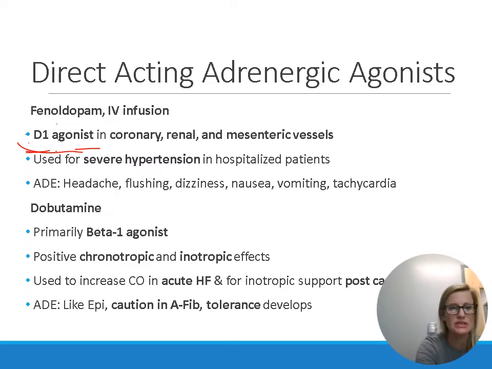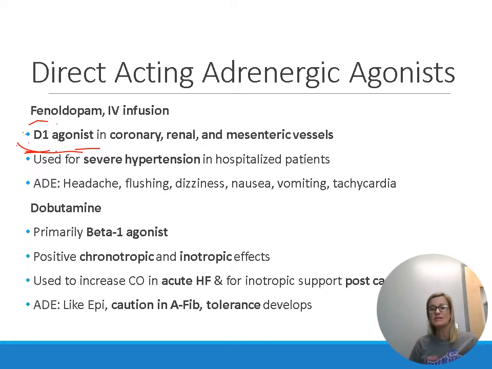Okay, binding to this D1 receptor causes vasodilation in arterioles leading to the heart, the kidneys, and the viscera. Mesenteries, the viscera, right? So increased blood flow to the heart, to the kidneys, and to the viscera.